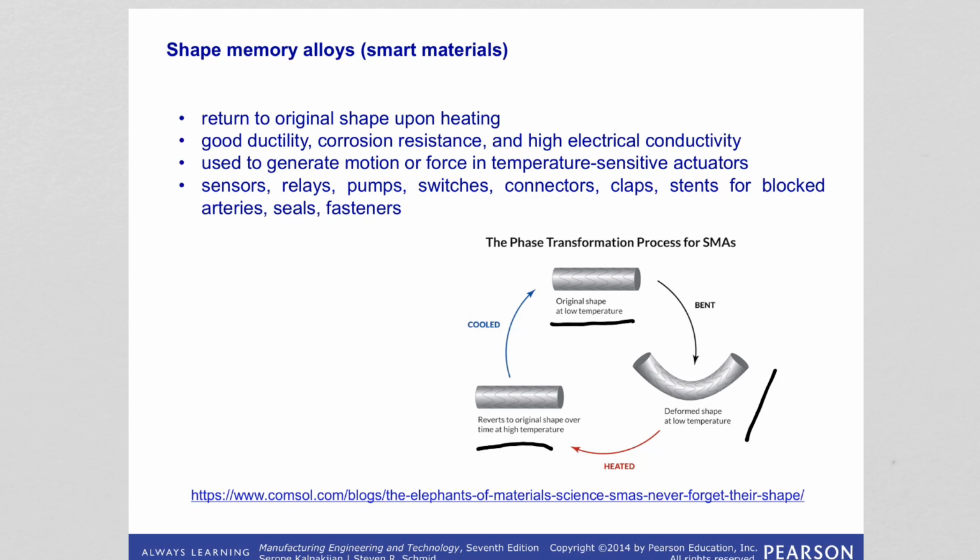Shape memory alloys are 55% nickel, 45% titanium. There are other shape memory alloys like copper-aluminum-nickel, copper-zinc-aluminum, etc. For example, you have a coil, and you deform it, and by heating it up, it will go back to its original coil shape. It's reversible deformation. Okay.